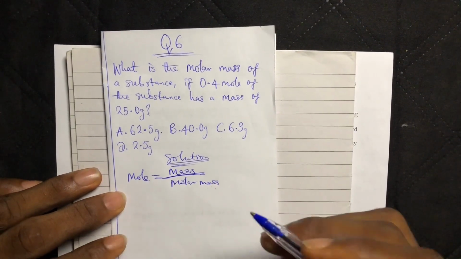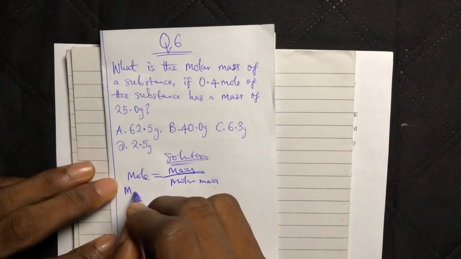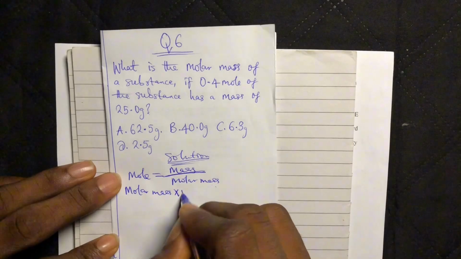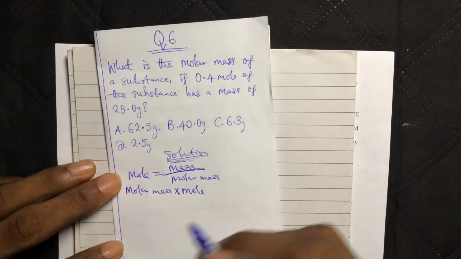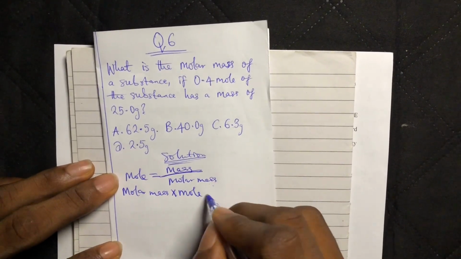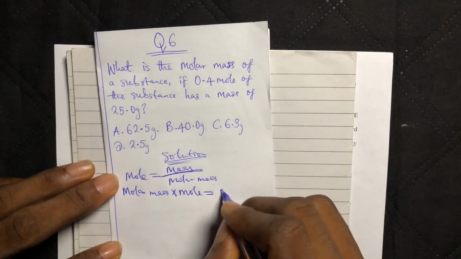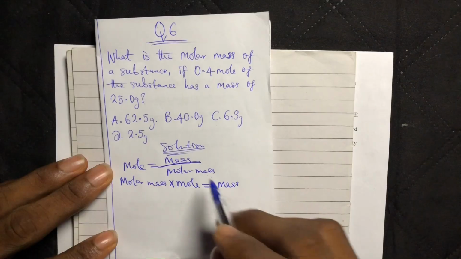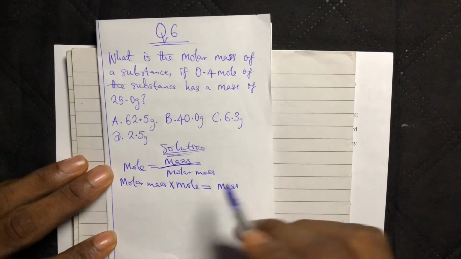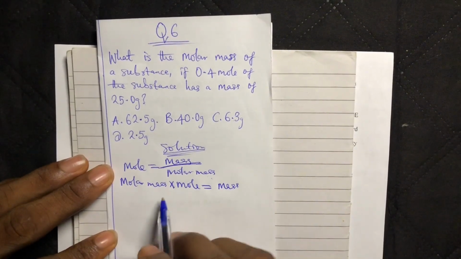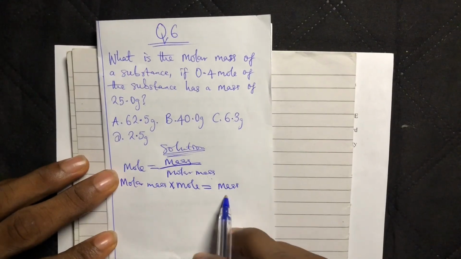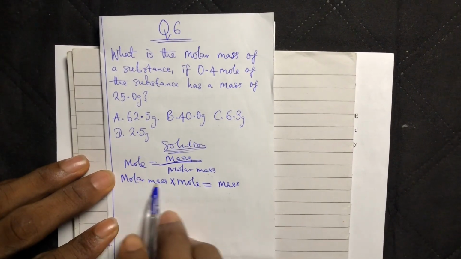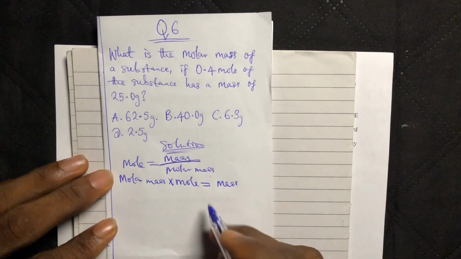And if we cross multiply, we're going to have our molar mass times mole, because we are cross multiplying. Molar mass times mole equal to mass. Now, since we are being asked to look for the molar mass of a substance, we are going to divide both sides of this equation by the coefficient of molar mass. And if you check in this formula here, the coefficient of molar mass is mole.